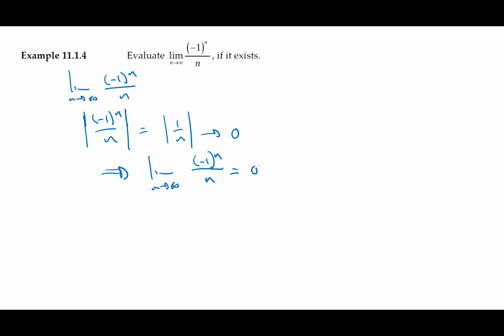Okay? Now, I want you to be careful. Just because the absolute value of a_n converges doesn't mean the sequence itself converges. We've seen that it converges when the absolute value converges to 0, but what about more generally? Well, let's consider this sequence, negative 1 to the n power.